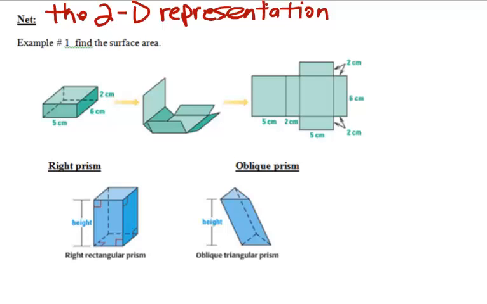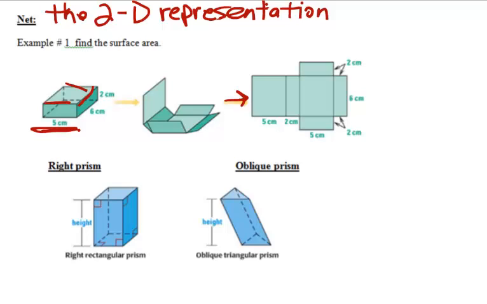And so if we look at this rectangular prism here on the left, if we cut along a few of these sides, and then we opened it up and laid it out flat, this is what it's going to look like. And so that's what a net is. It's that picture laid out flat in 2D rather than in 3D.